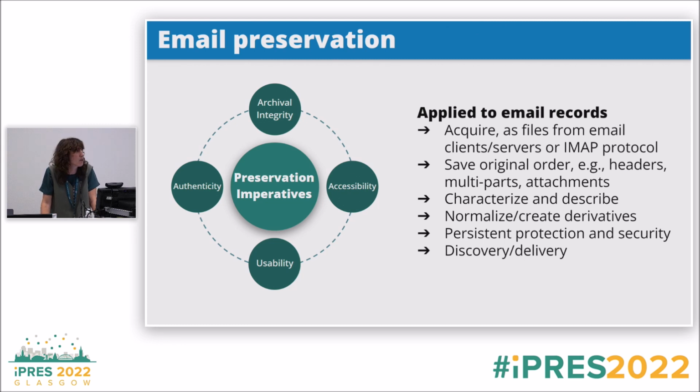If you have an email collection coming in from somebody, you might be concerned about what kind of folders they saved stuff in, if they saved stuff in at all, and whether they opened or read those emails, if there are ways of figuring that out. For accessibility, you have full text bodies and the attachments themselves, but is formatting important? What are you looking to accessibly preserve? And then usability: search, retrieval, and rendering.